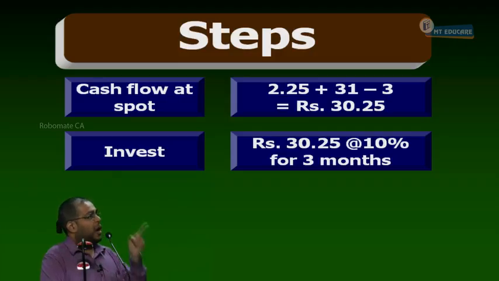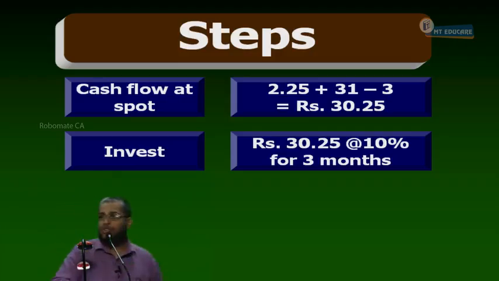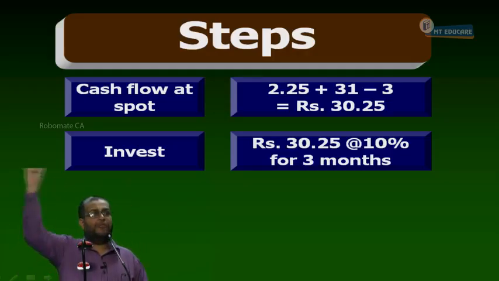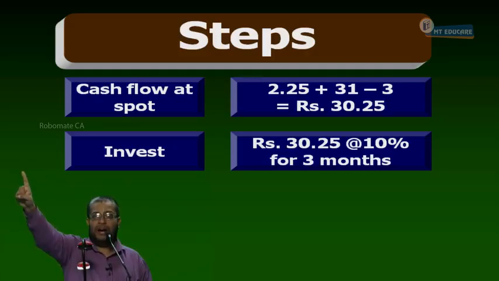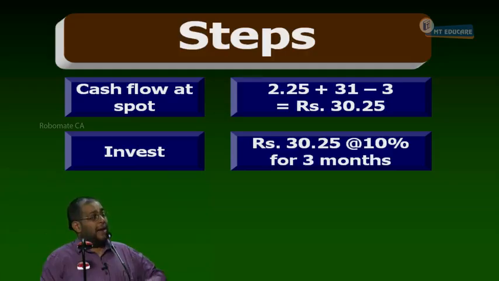I have short sold a share, and I have written a put option. All these are my positions. So, 4 things. I am holding a call, and I am holding cash equal to 30.25. I have short sold a share and also written a put. Everybody, yes or no?